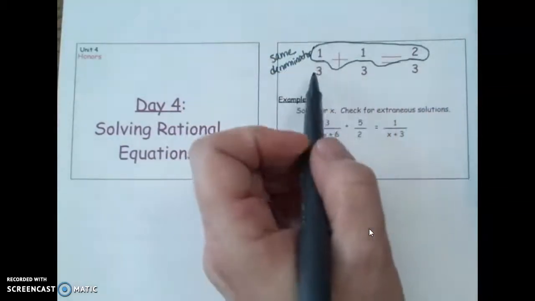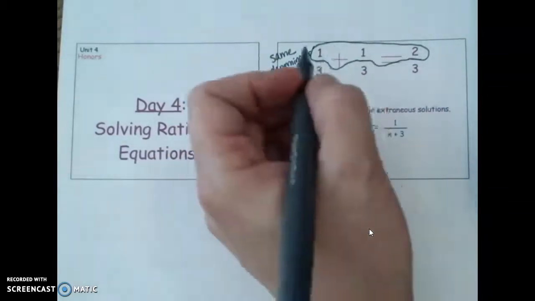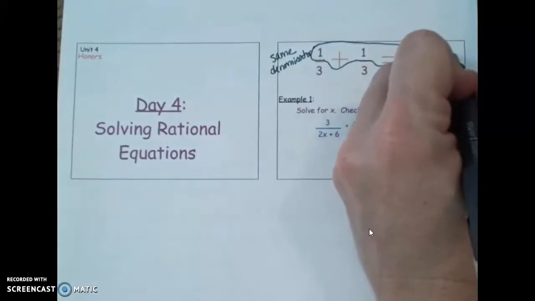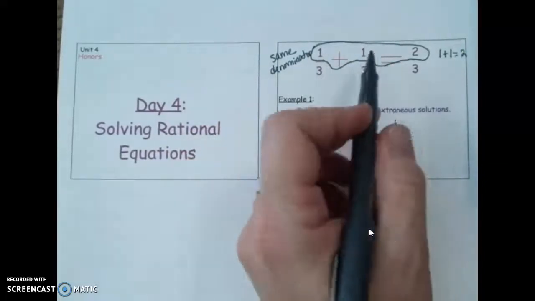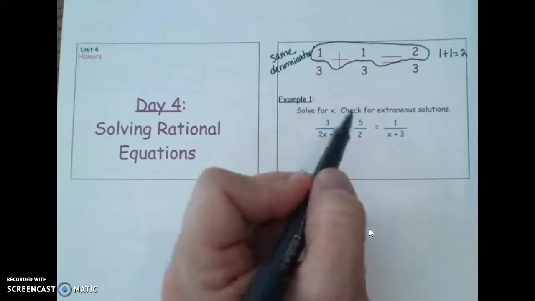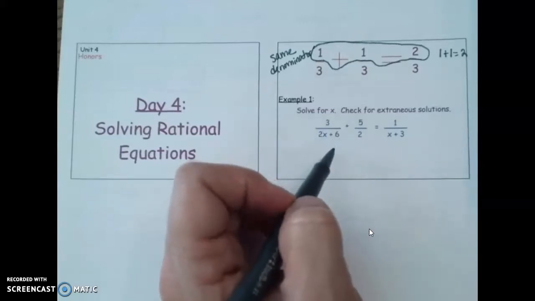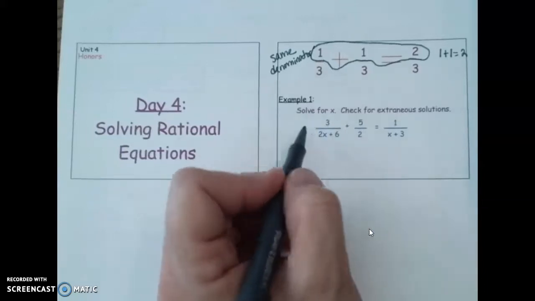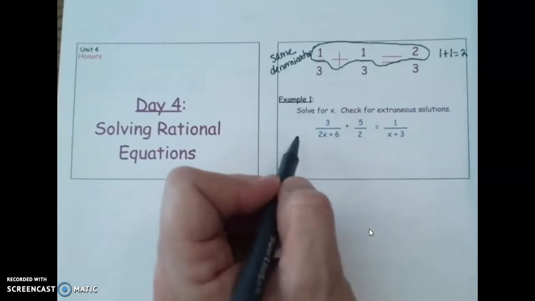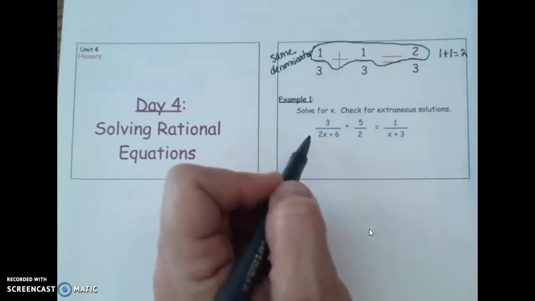And I'll have you circle all of the numerators so you can see that 1 plus 1 equals 2 is a true statement. We're going to use that same concept when we're doing example 1. So you still want to factor first, get a common denominator, and then we'll solve the equation.